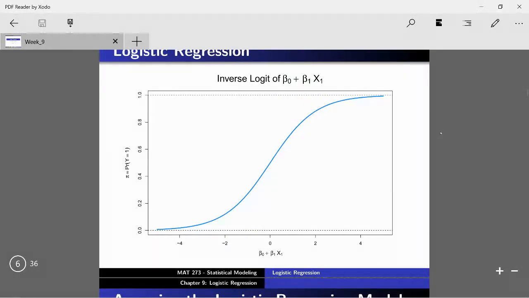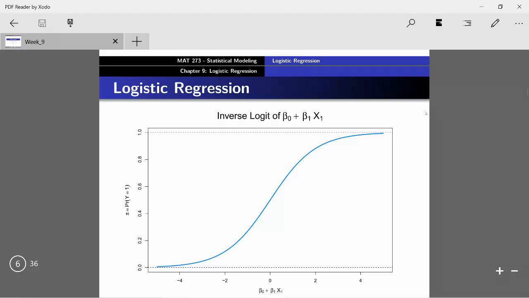Just to plot what this looks like, this implied model is that if we plot the probability of success on the y-axis, which is pi, and then the linear predictor, sometimes called the intercept plus the regression coefficient times x, we end up with this S-shaped curve for the probability of success.